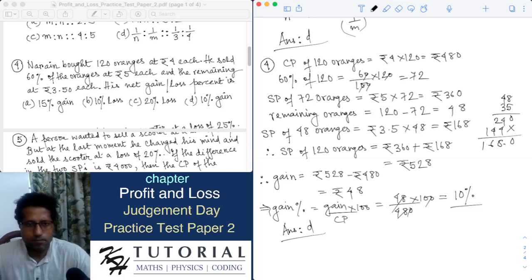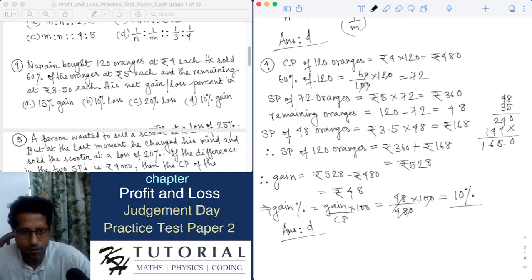Now, you will notice that I am solving all the problems using the very fundamental concepts of selling price, cost price, gain percent, gain, and loss. And of course, this will require a good knowledge of percentages. If you are familiar with solving this kind of problem using formulas, if you have memorized formulas in terms of SP, CP, gain percent, and loss percent, that is fine.